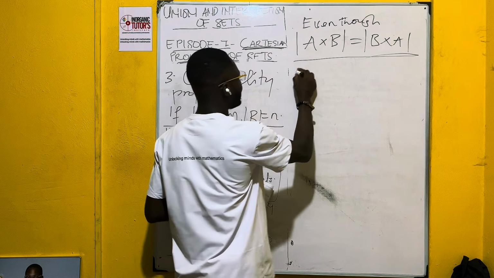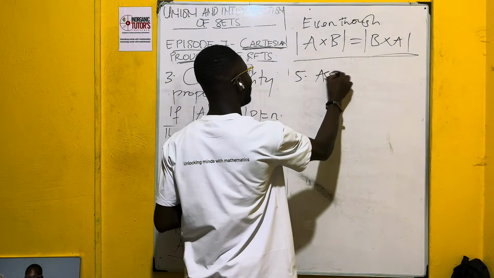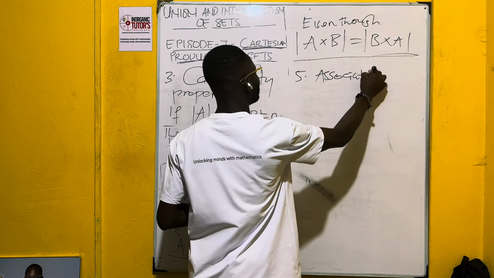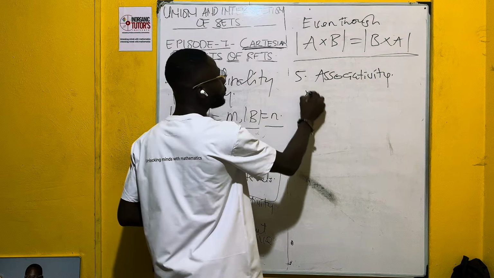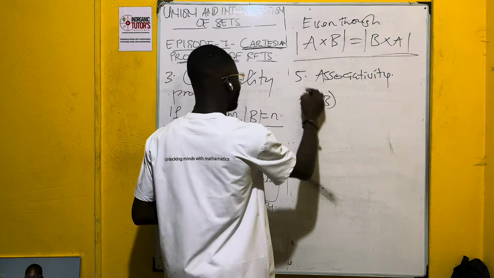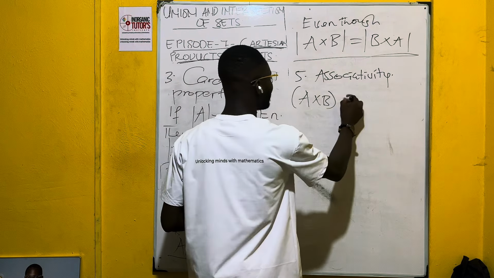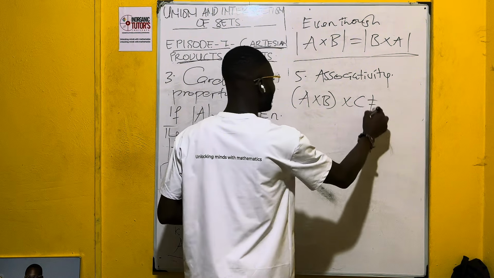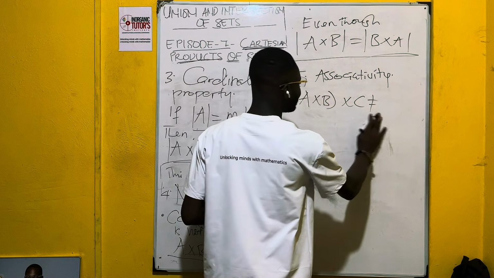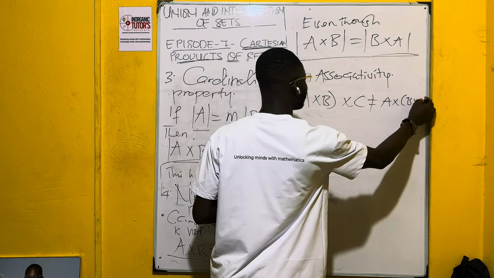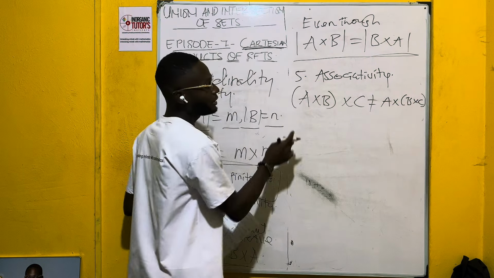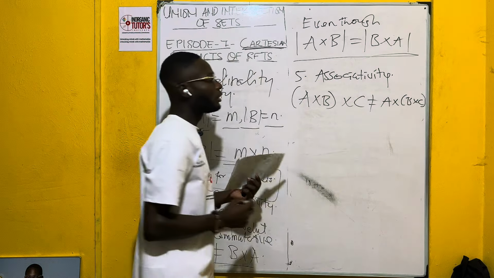Now, the fifth property is the associativity. When it comes to associativity, (A cross B) cross C is not the same as A cross (B cross C), right?